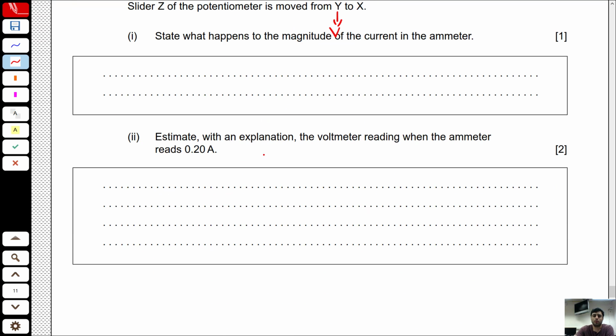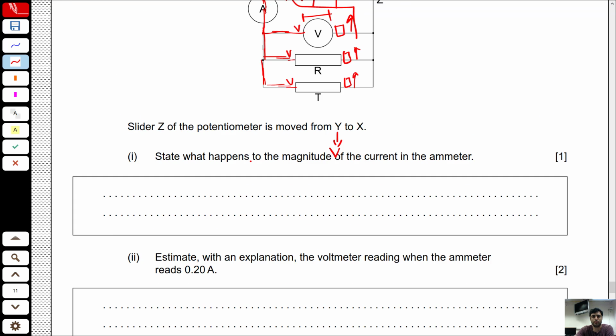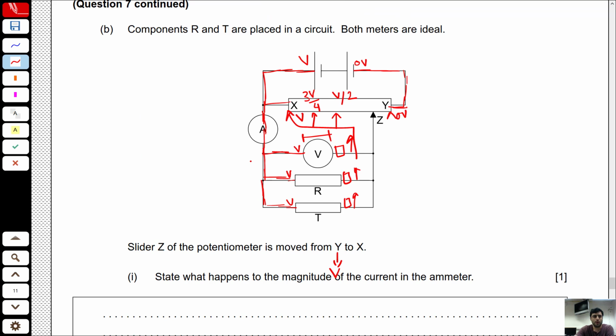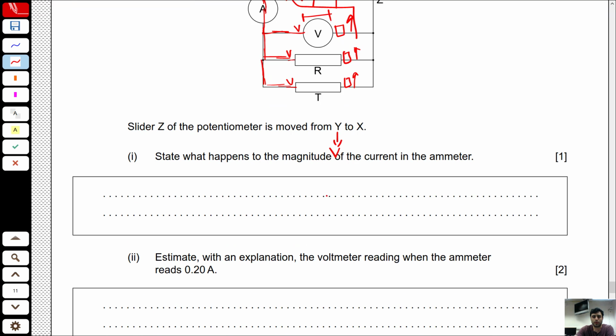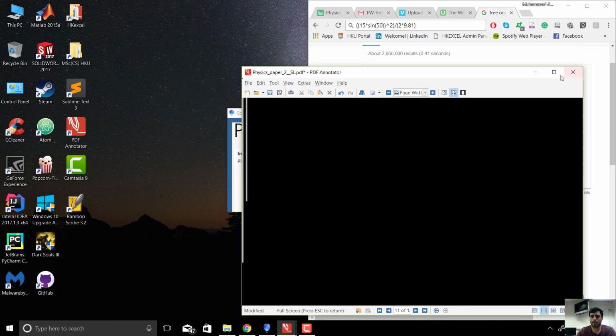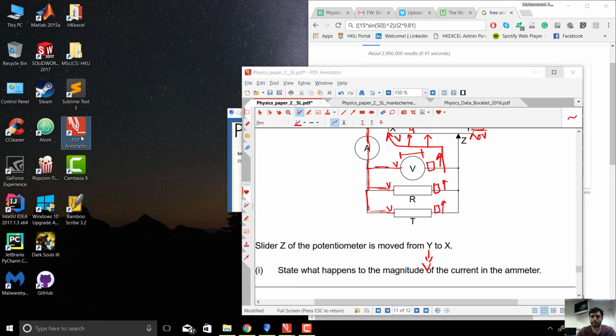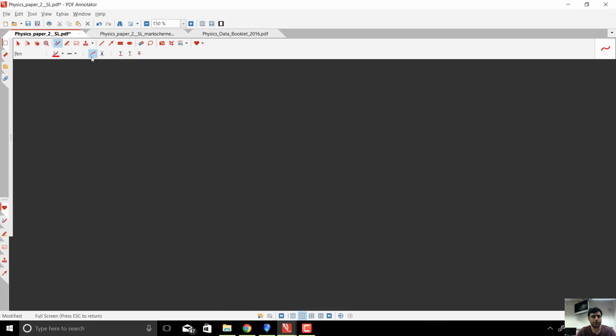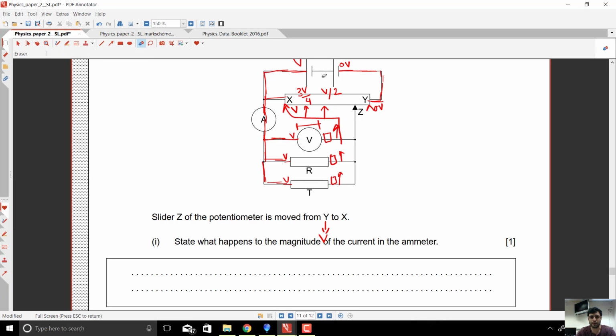Estimate with an explanation the voltmeter reading when the ammeter reads 0.2 ampere. So when the ammeter reads 0.2 ampere, okay. Let's just erase all of it, just make it more clear.